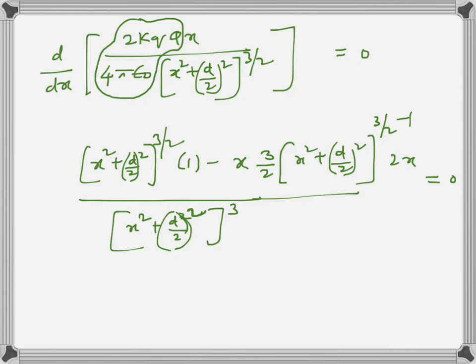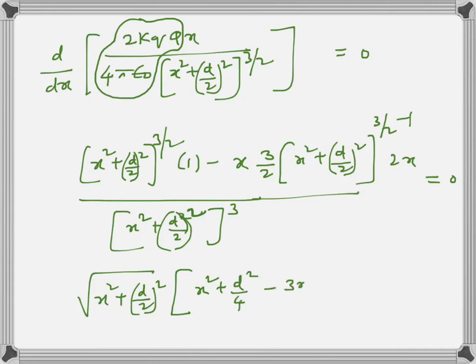So if you carefully simplify, we can forget about the denominator, it goes to the other side and becomes 0. So the numerator will become x square plus d by 2 whole square under root, which I will take common, into x square plus d square by 4 minus 3x square. This must be 0.